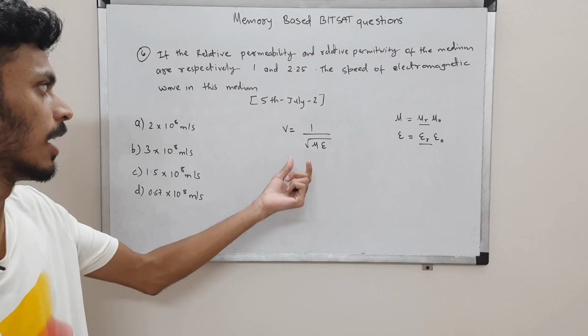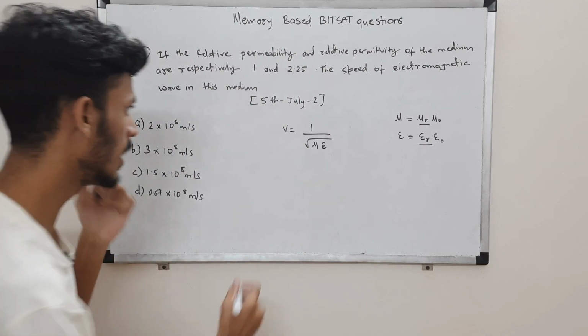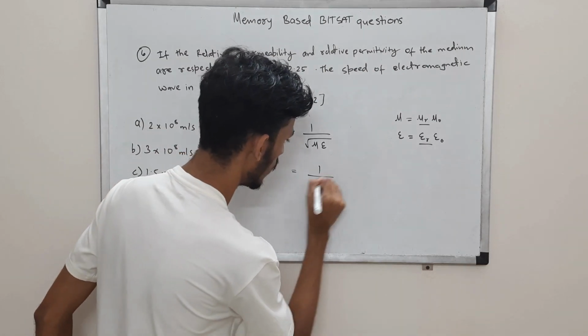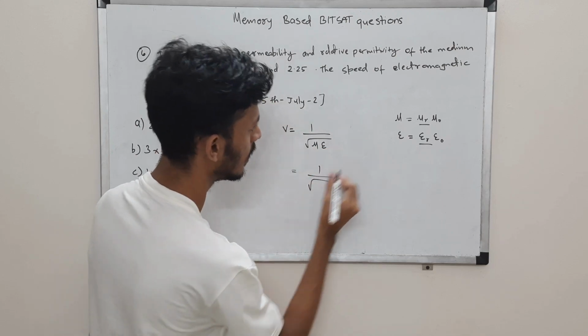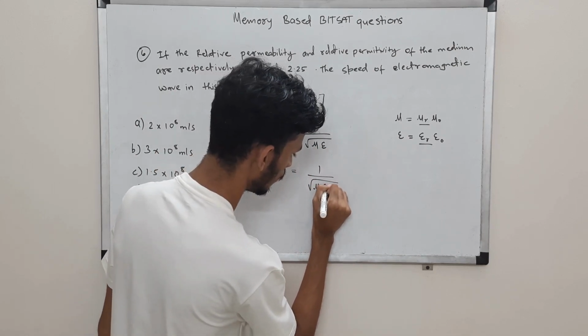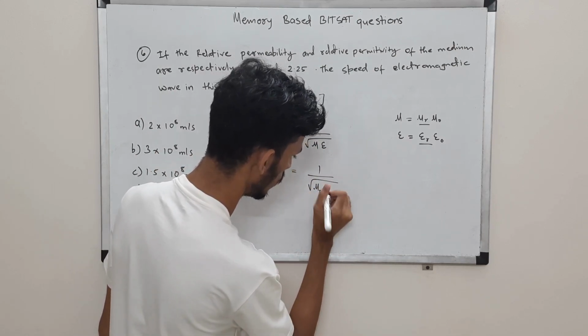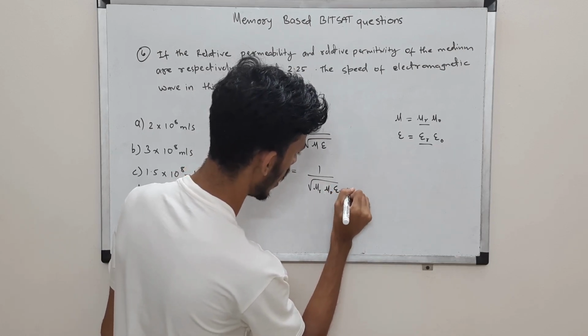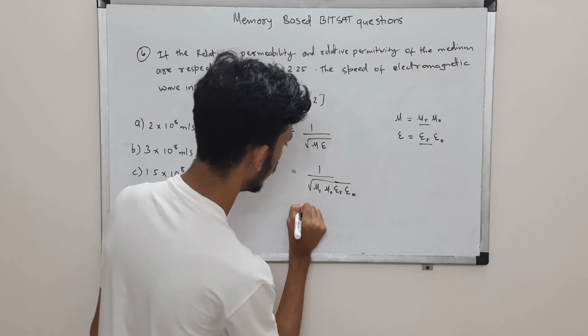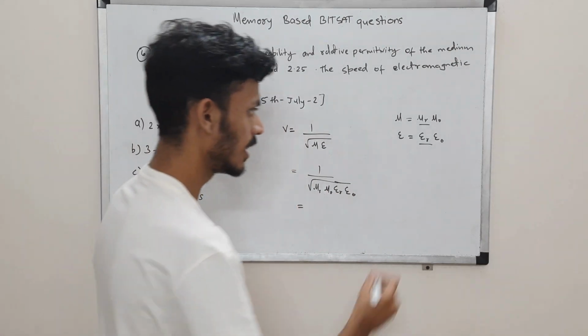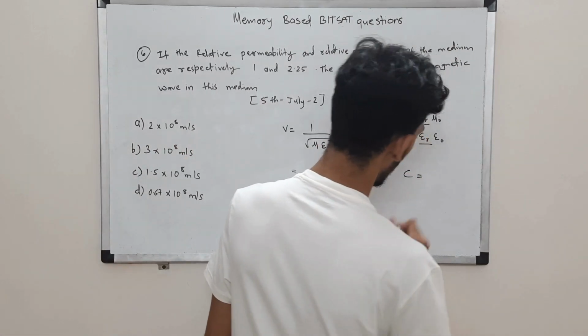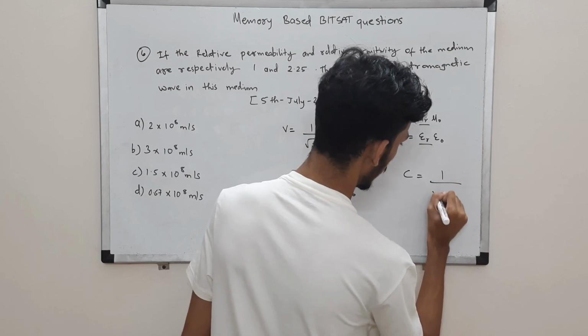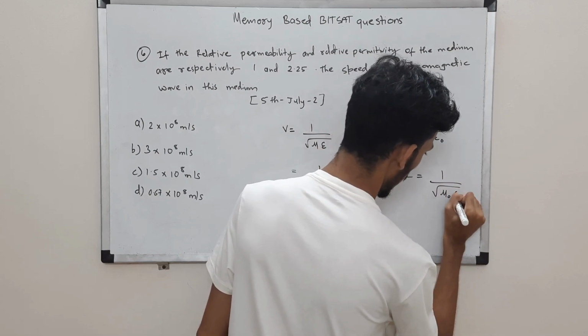Okay, so you can write this mu into epsilon as 1 upon, so mu can be written as mu r into mu o, and epsilon can be written as epsilon r times epsilon o. Now a special relation that you are supposed to know over here, that speed of light is given as 1 upon root of mu naught times epsilon naught.